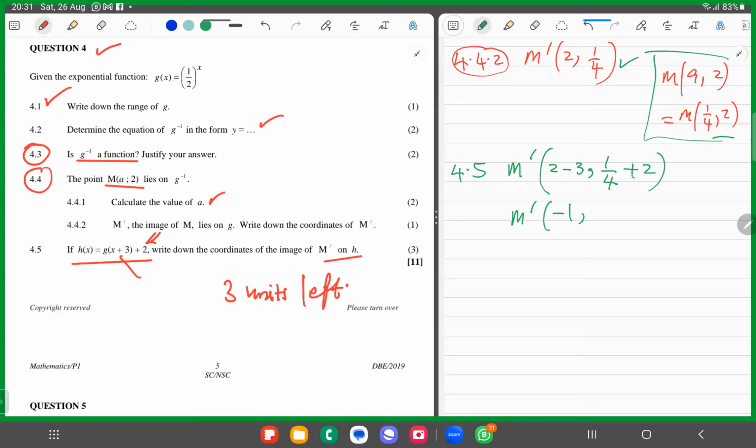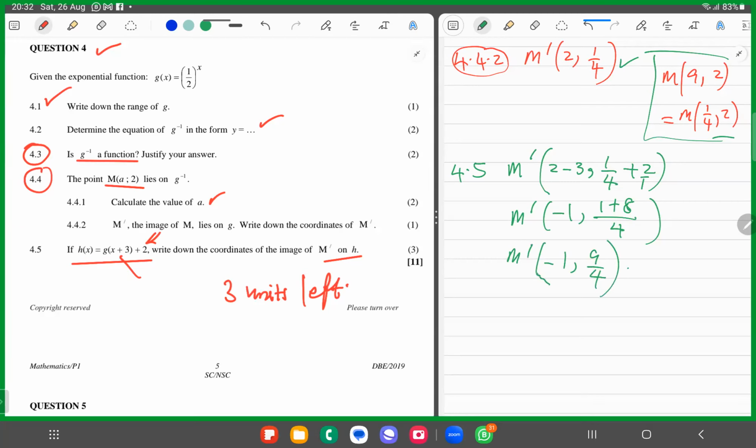Now you're adding 1/4 to 2. What is 1/4 plus 2? Well, you can take the LCD here, lowest common denominator, and then you have 4 divided by 4, 1 by 1, 1 plus. So this out of 1, 4 divided by 1 is actually 4 by 2, 8. Which means M primed is minus 1, and then it is 9/4.